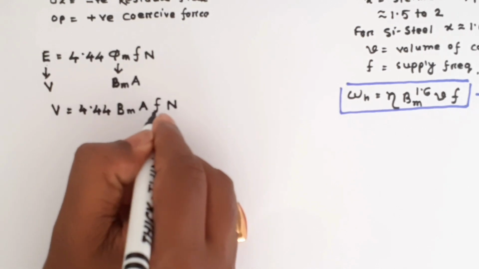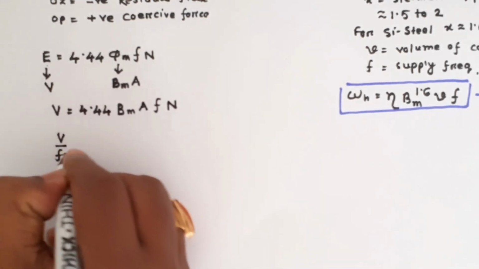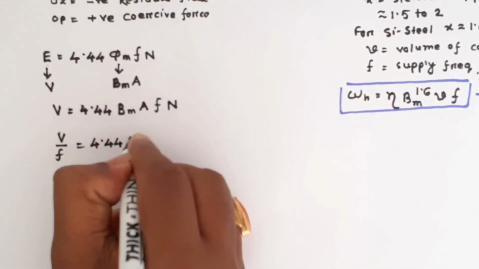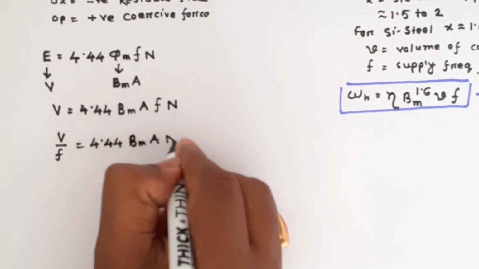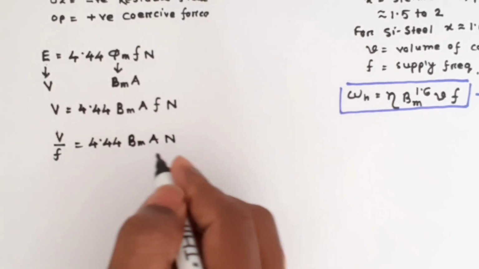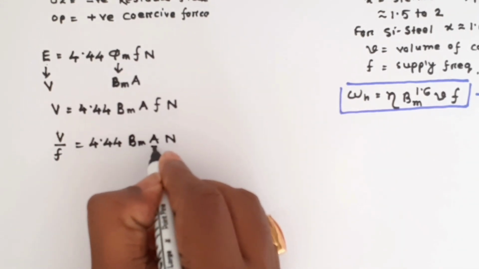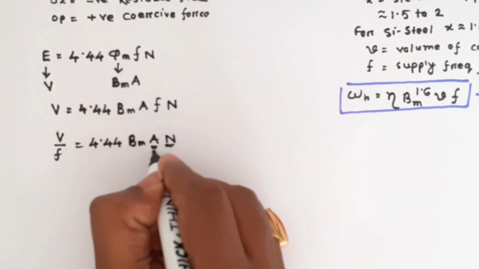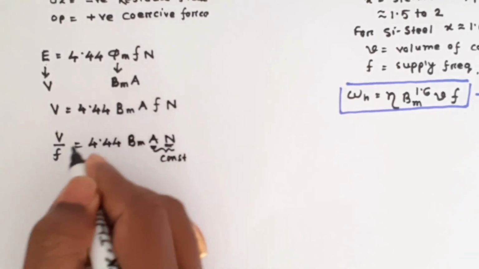Therefore, if F comes to that side, V by F equal to 4.44 B_m A N. Once the transformer is constructed, the area is fixed, the number of turns is fixed. These two quantities are constant. This is also constant.